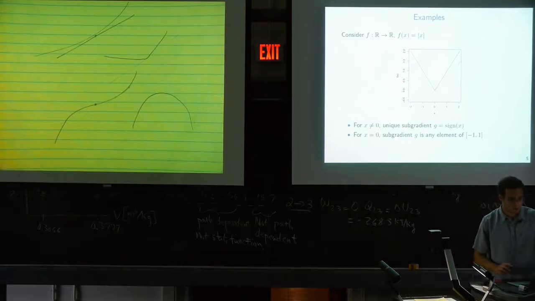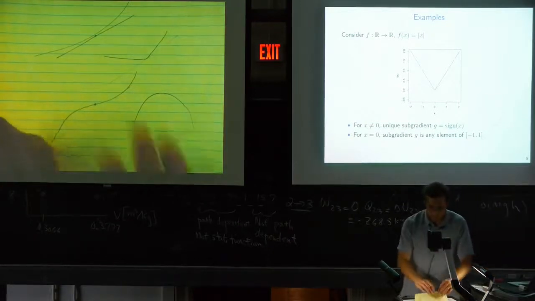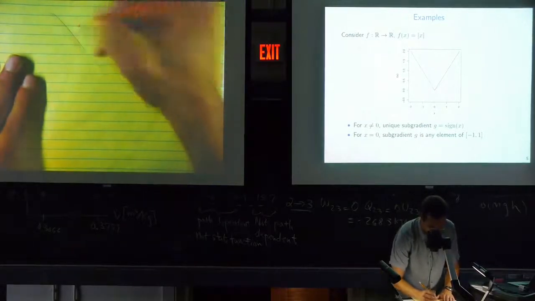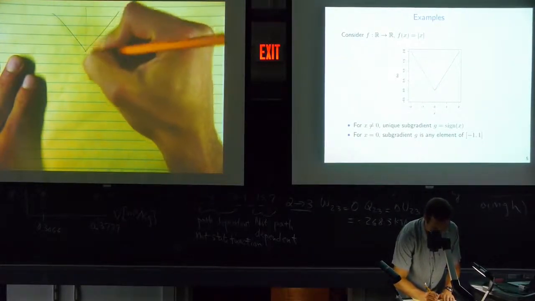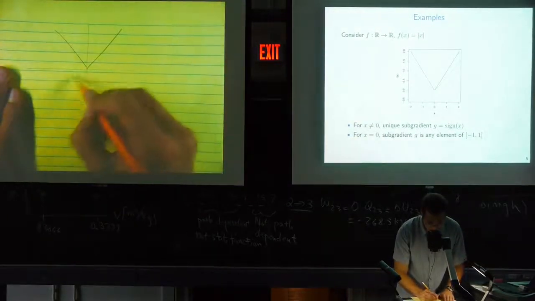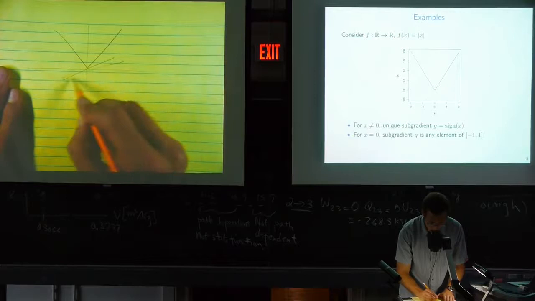So if we look at basically lines of slope with either sign, they'll tell you what the range of possible slopes are. Here's the absolute value function. If you look at lines with positive slope, any of these functions work, right?